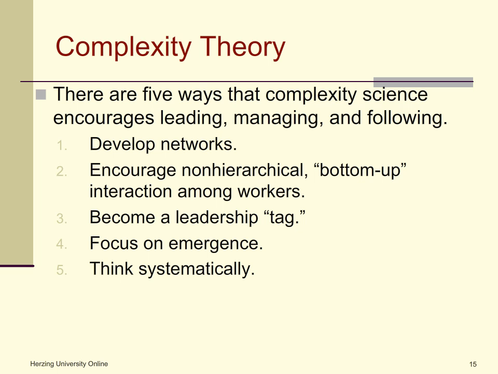Develop networks means forming new relationships that are critical for the function and development of all involved parties. Encourage non-hierarchical interaction among workers by making all members of an organization a valuable resource. This is achieved by shared governance and the decision-making process in an organization.